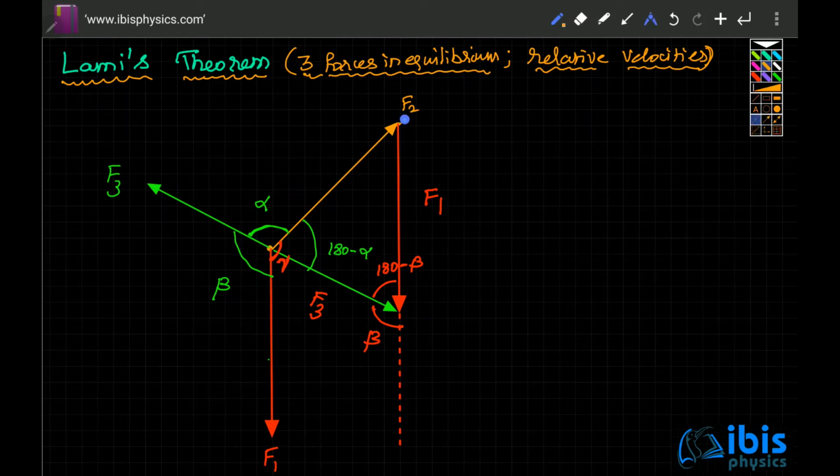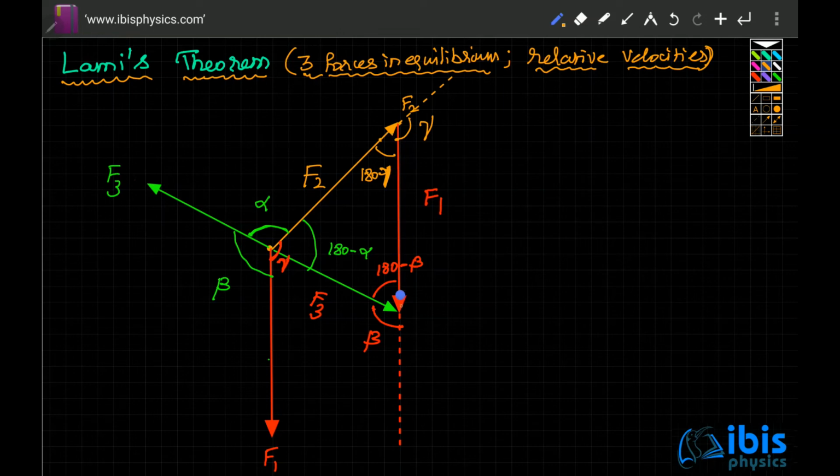When you extend this line, this angle is gamma, which means this angle is also gamma. Then this angle will be 180 minus gamma. So these two forces are F1 and F3, and this force is F2.